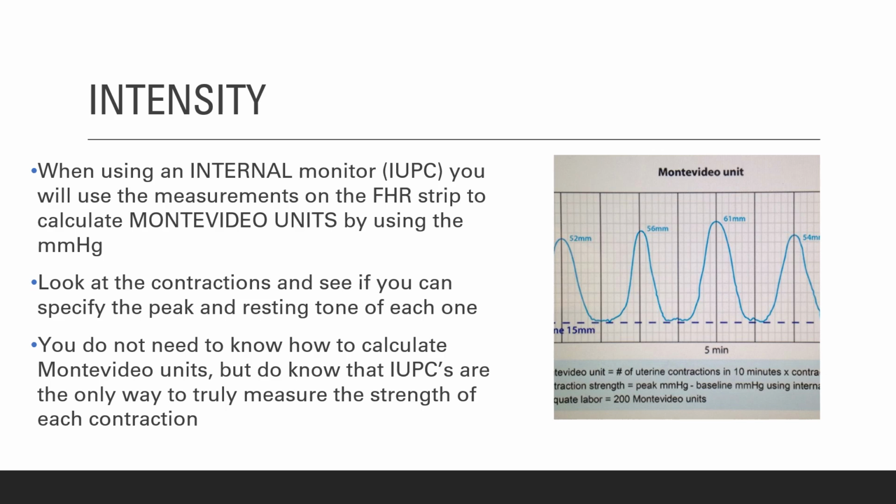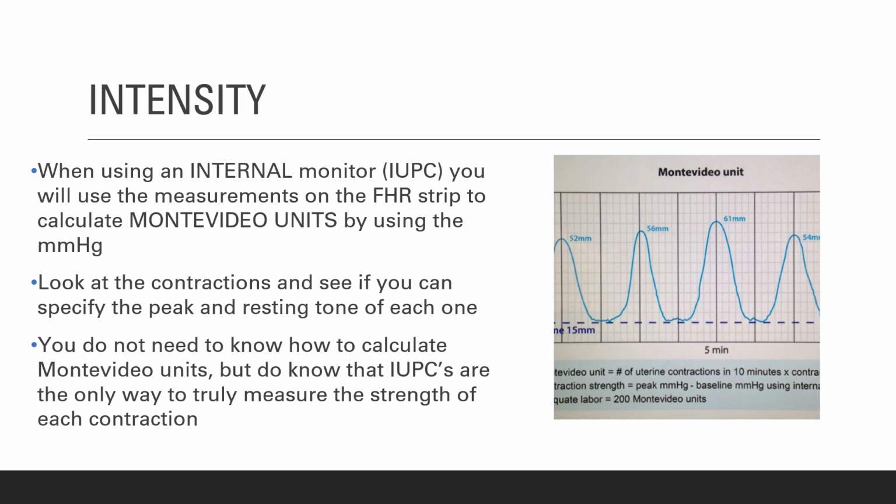When it comes to intensity with external monitoring, we don't usually document intensity. However, if we have internal monitors using an IUPC, we are actually monitoring the intensity of the contractions inside the uterus. This helps us calculate our Montevideo units. Normally, adequate labor is about 200 MVUs.